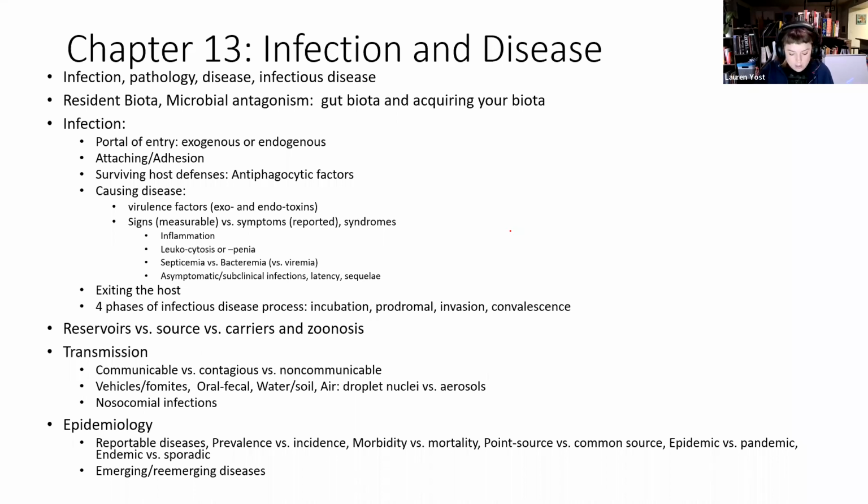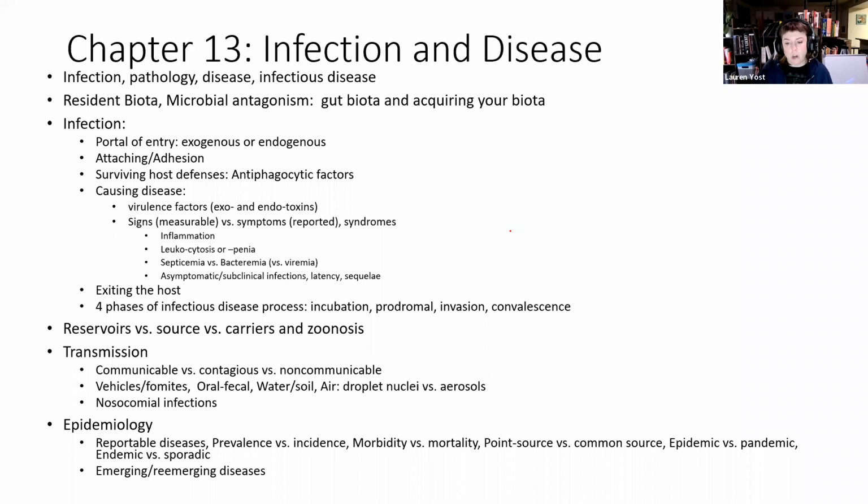Prevalence and incidence: prevalence is the big picture idea, whereas incidence is dealing with a specific situation, like breaking it down to this month, how many cases we had. Morbidity refers to how many people are sick, essentially, and mortality, how many people died from it.